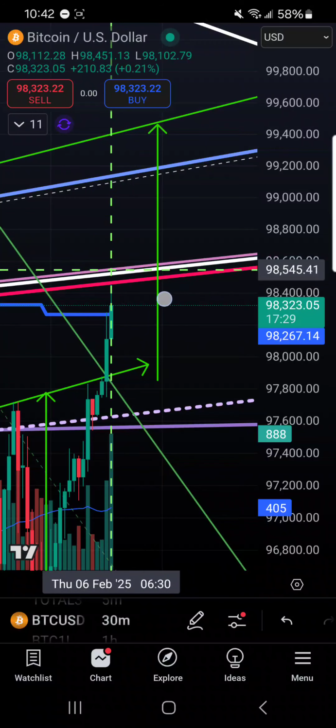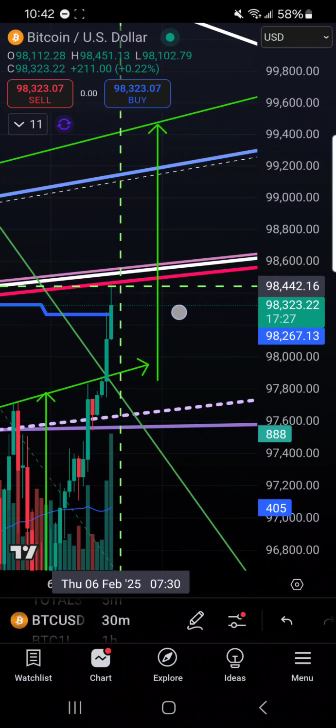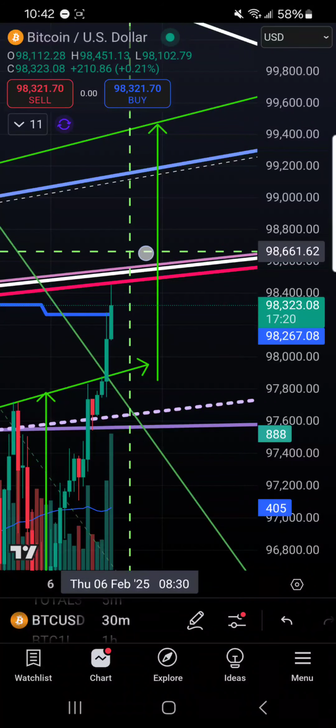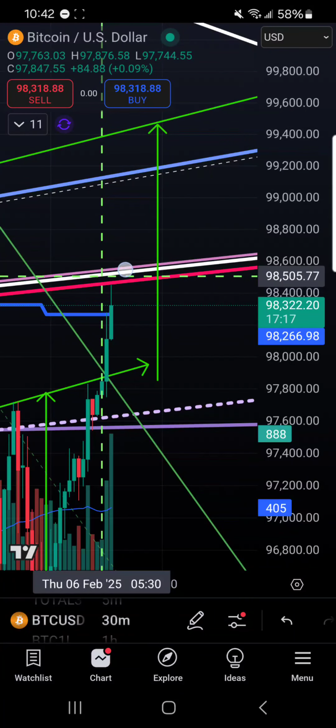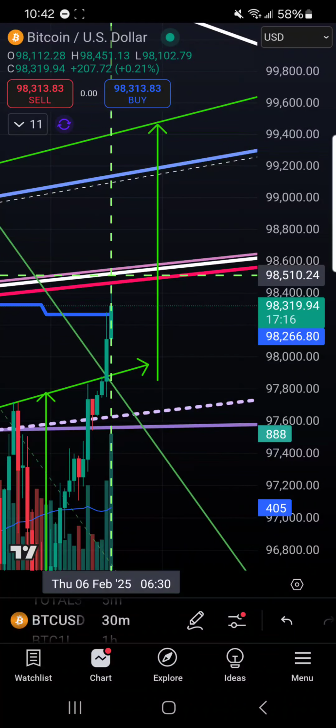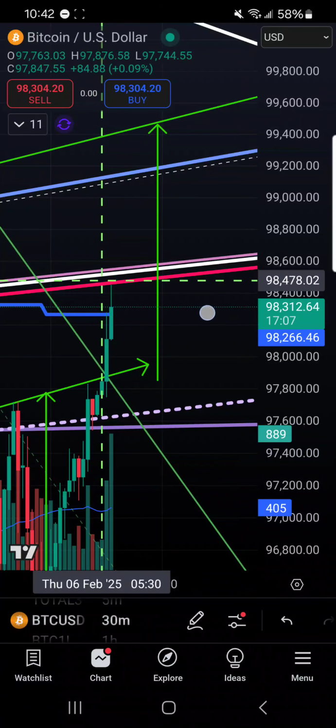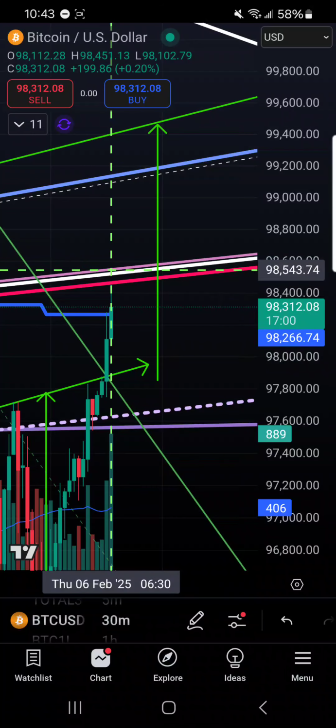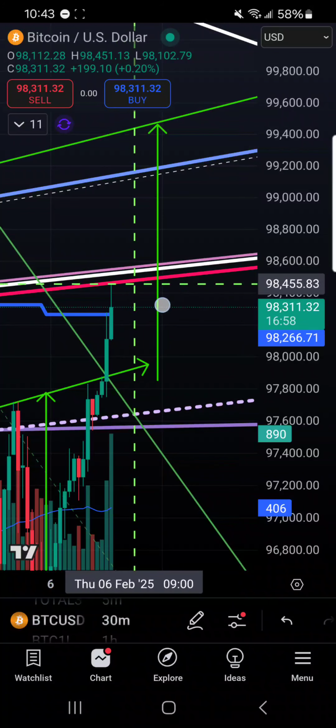And this is the bottom of the white parallel channel that we did get rejected off of. I think the red line more accurately represents the white parallel channel. This is drawn out over the course of Bitcoin's history, so you're looking at differences of 460 to like $80 there.